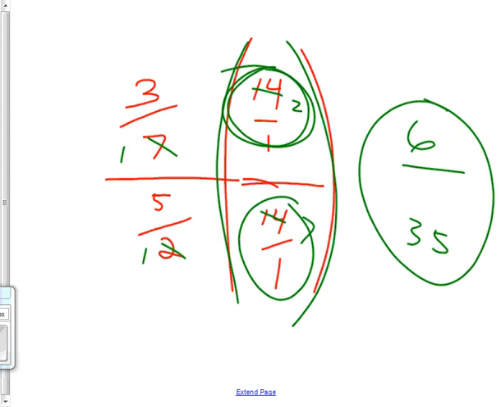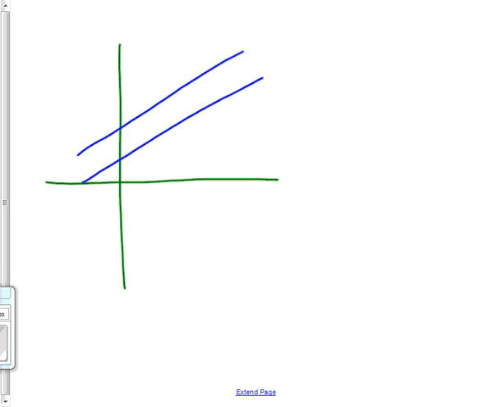Okay. Next thing we got to talk about is what you're going to need to know for the end of your packet. One of the things that comes up is parallel and perpendicular. If I have two lines that are parallel, that means they have the exact same what? Slope.